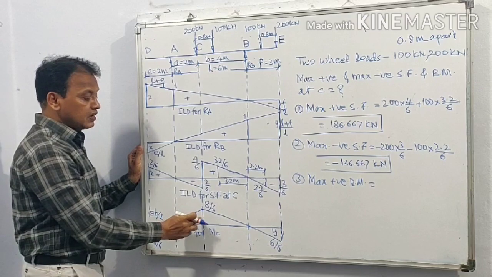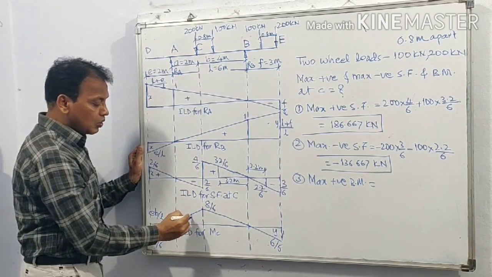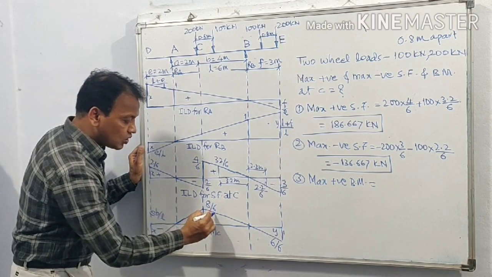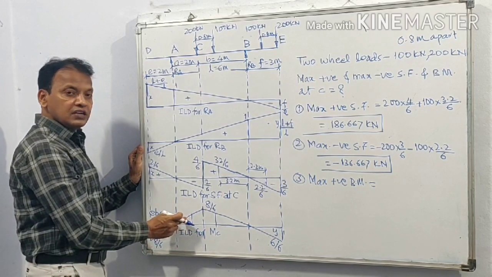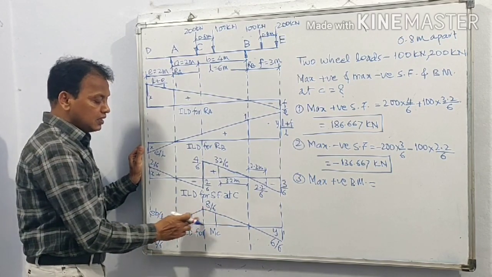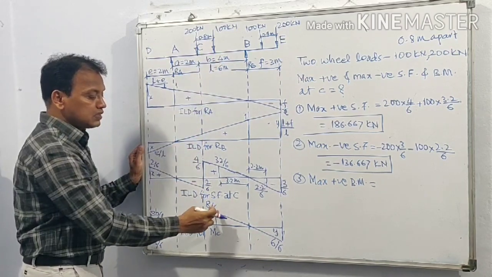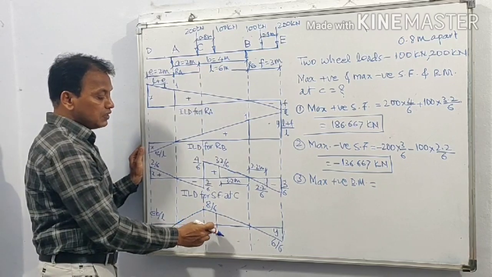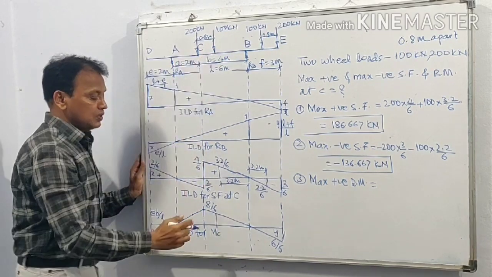So obviously, if the load is placed on the left hand side, this ordinate at distance 0.8 meter will be smaller, and therefore this 100 kilonewton load must be placed on the right hand side of C. So let us find this ordinate at 0.8 meter from C.